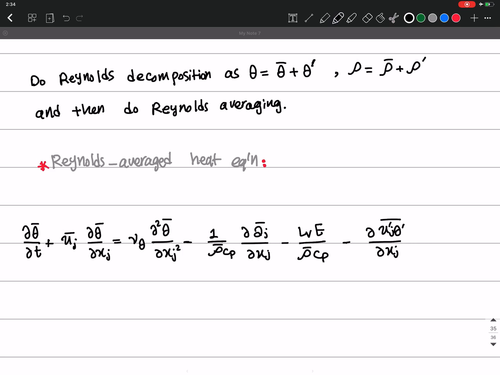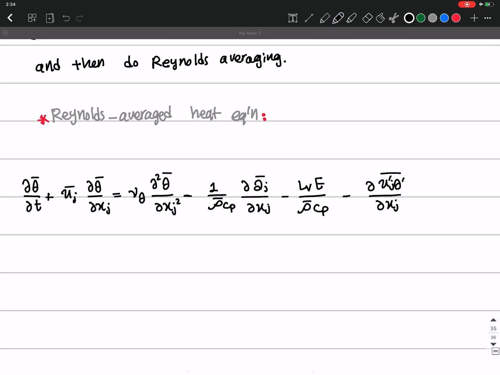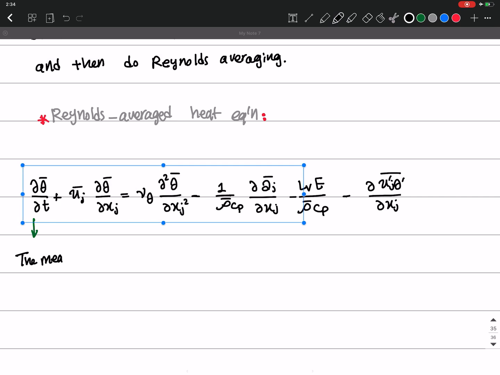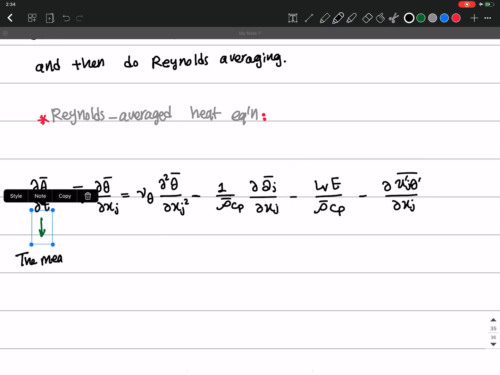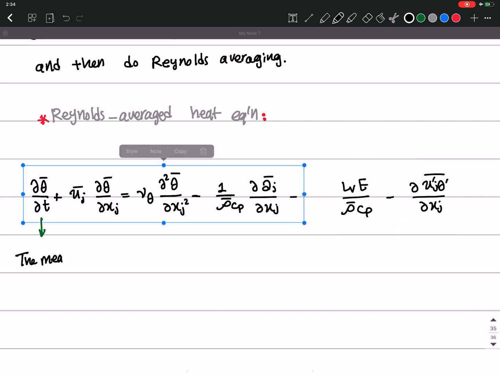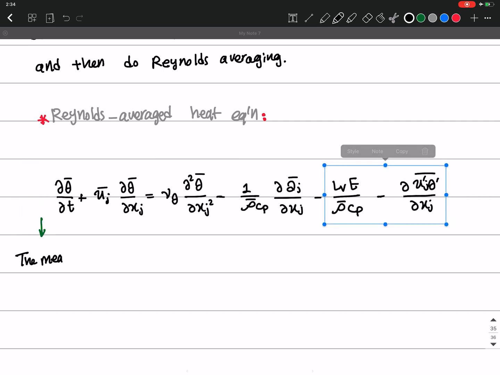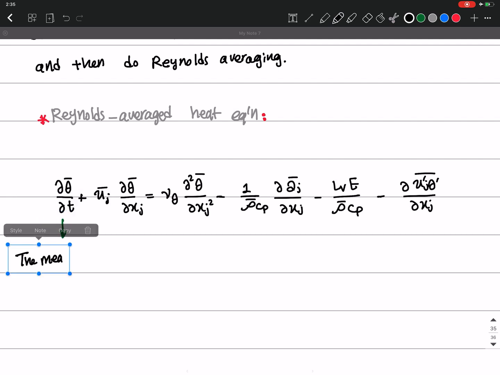Okay, so let's see what each of these terms means. So the first term is the mean storage of heat.